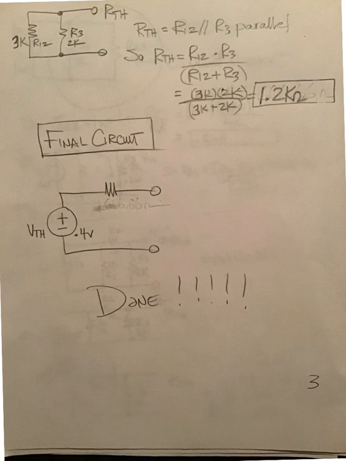And you've got 3K in parallel with 2K. Well, that's what this calculation does. It calculates that your R Thevenin is 1.2K ohms, and your V Thevenin is 0.4 volts.